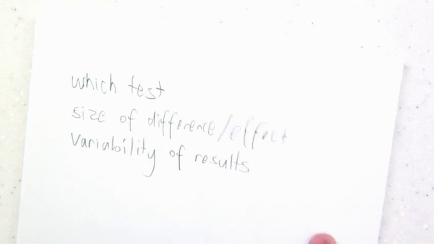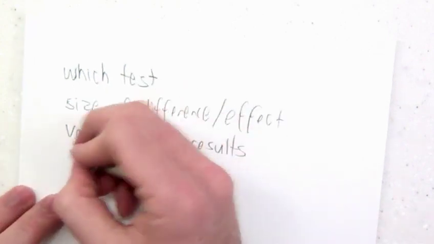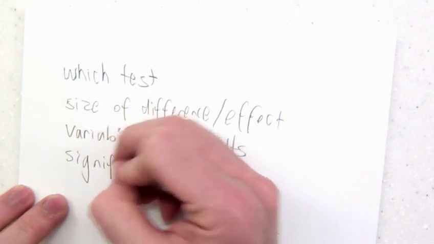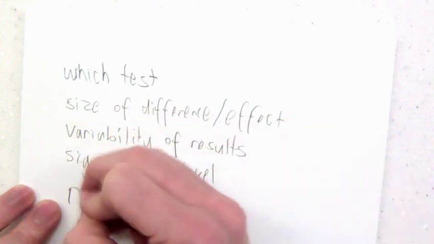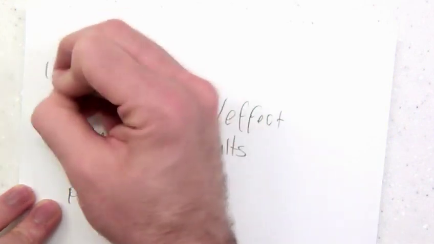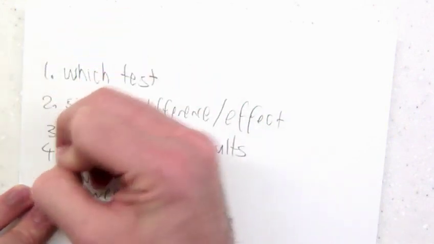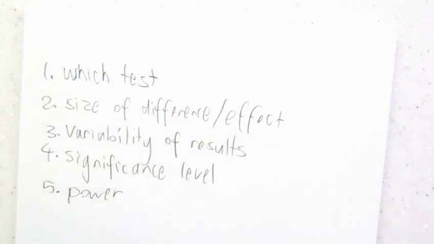The significance level, and the power. These are the things that you need to know in order to calculate the sample size, all 5.